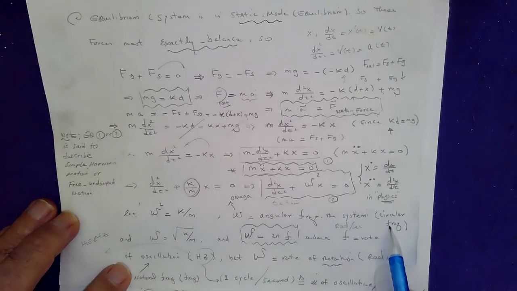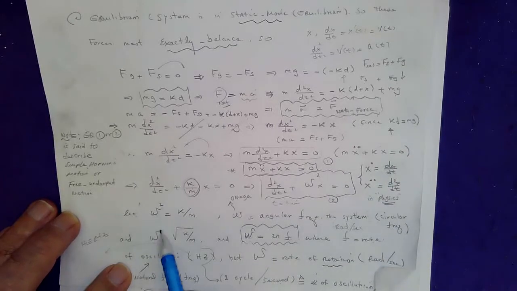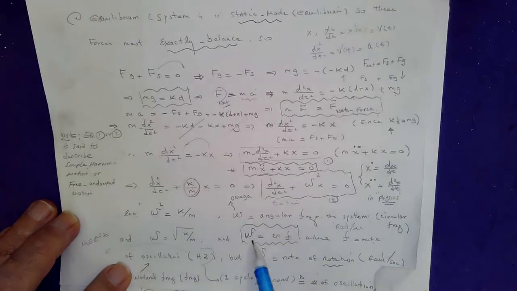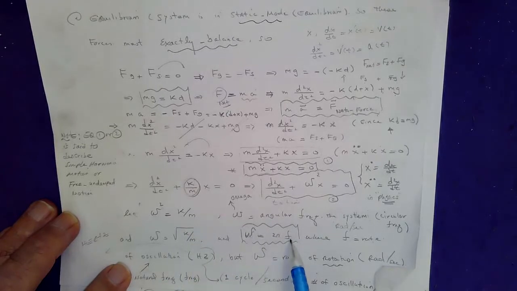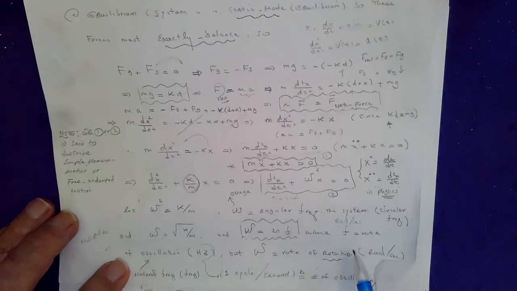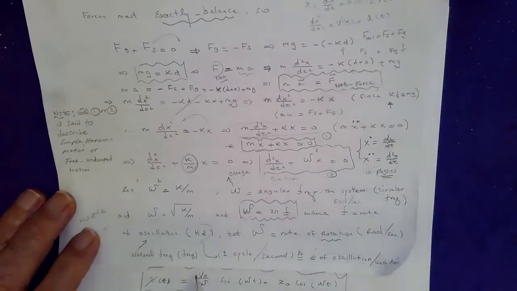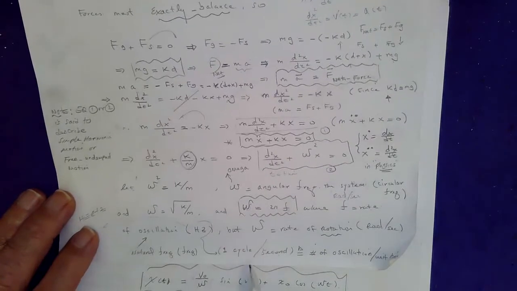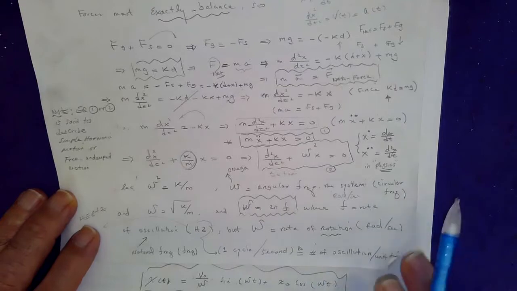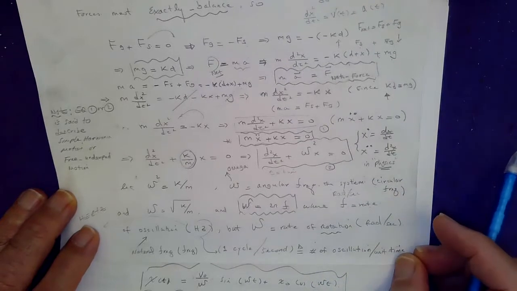It's also known as circular frequency. So omega is the square root of k over m, and omega is related to the natural frequency by this formula: omega is equal to 2 pi times f. f is the natural frequency, which is pretty much like 1 cycle per second, the number of oscillations per unit time.